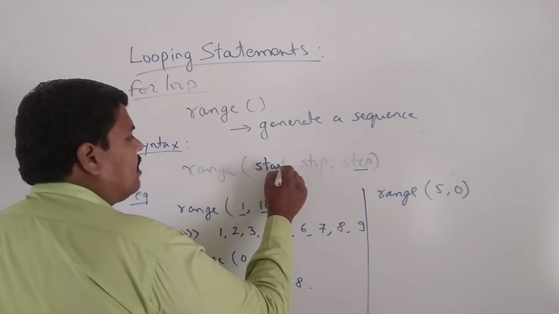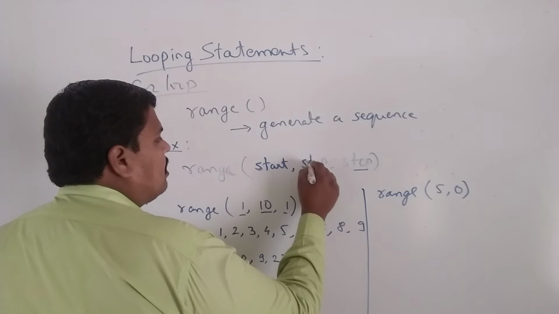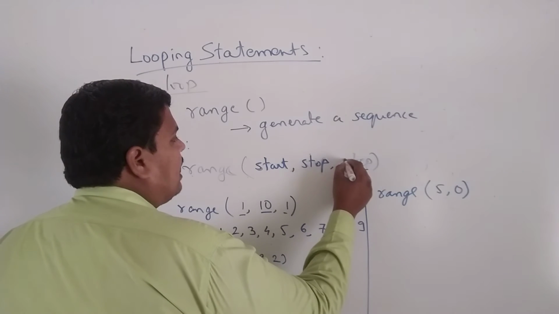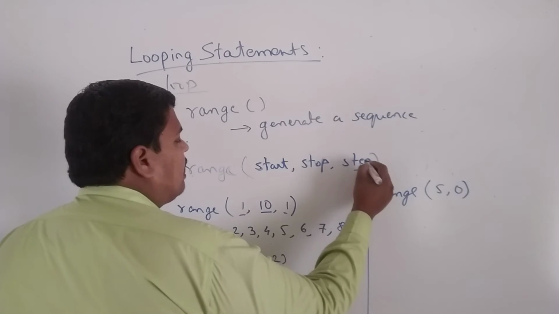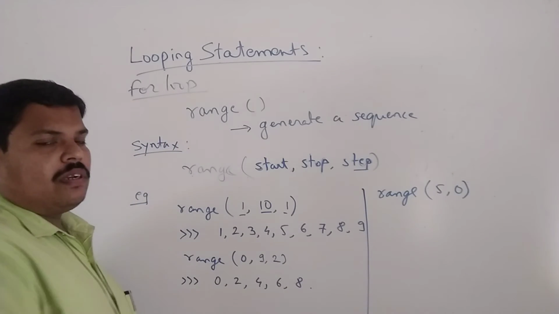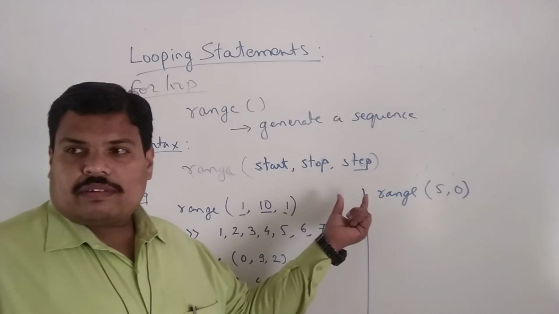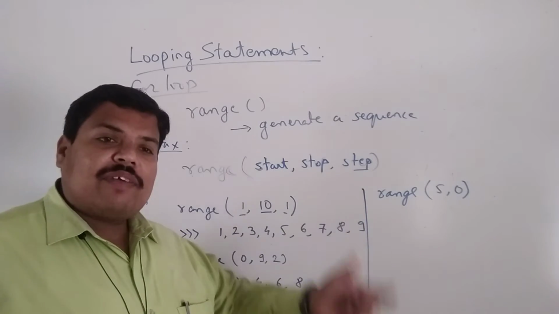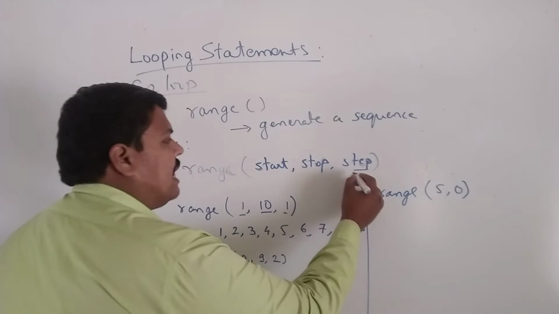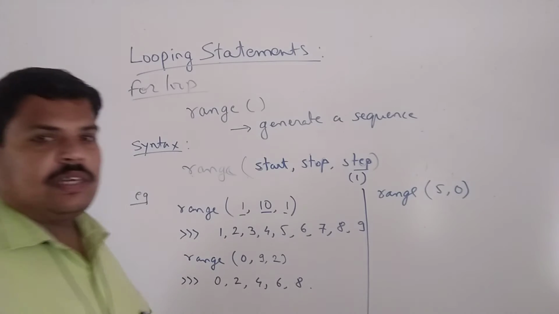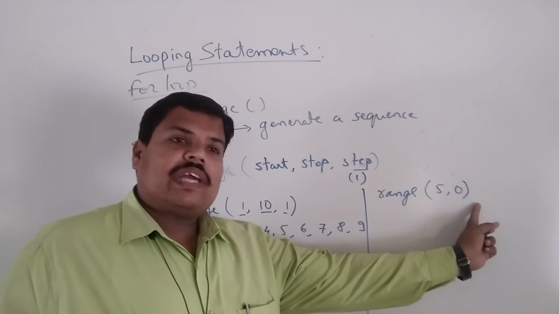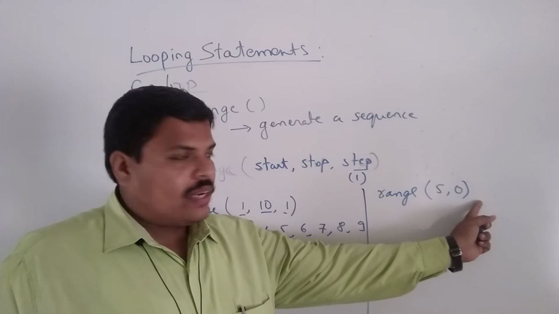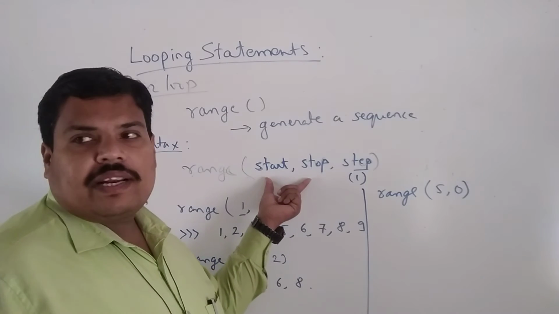Start, then stop, and then we have step. See, the step is optional. By default, what is the step? By default, the value of the step is 1. So even if you don't mention it here, we can assume that the value is 1. So these are the mandatory statements.